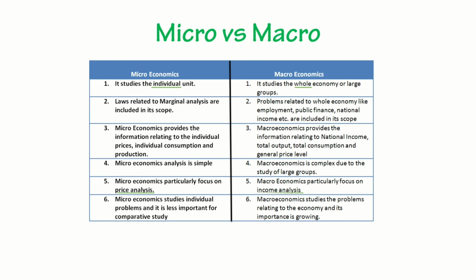Now, if we look back at the definitions, we can tell that microeconomic analysis is simpler than macroeconomics. Micro helps in developing policies and appropriate resource distribution at the firm level, while macro helps at the economy level.